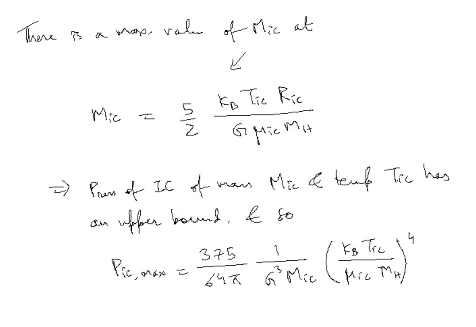Now what we will do is let us equate the maximum isothermal core pressure to the envelope pressure.